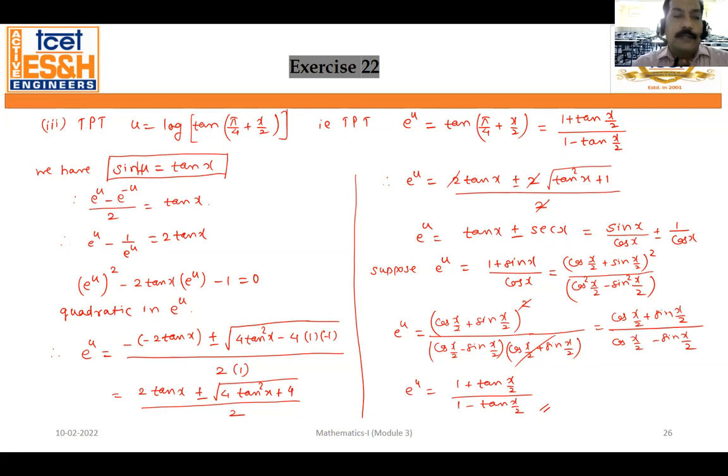Why am I getting two values of e raised to u? Anybody? किसी को पता है e raised to u के मुझे दो वैल्यूज क्यों मिले? Because it has two roots. Because प्लस माइनस दोनों है. हाँ, because ये दो रूट है, क्योंकि ये क्वाड्रेटिक इक्वेशन को सॉल्व करके मुझे e raised to u मिला.